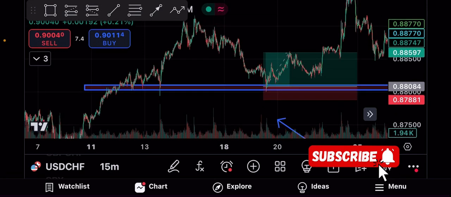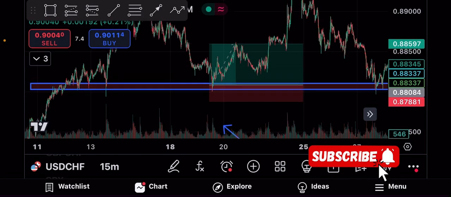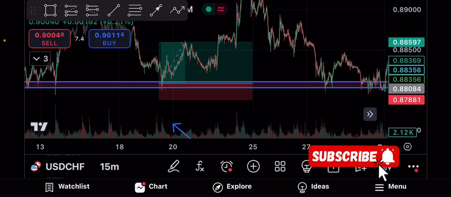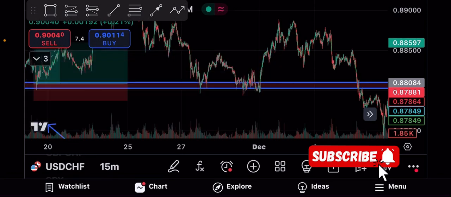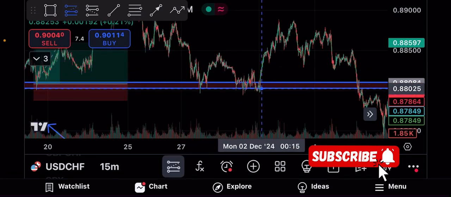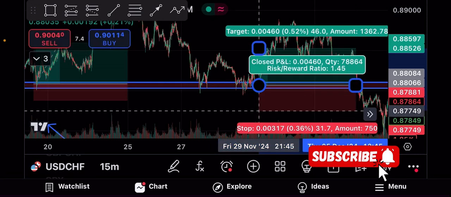As you can see, anytime price comes there and you take a buy at the support level, it works. Over here, if you were to take another buy on the support level, it would have been another win.